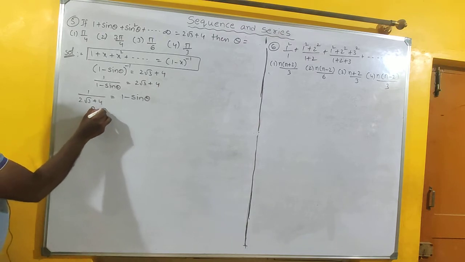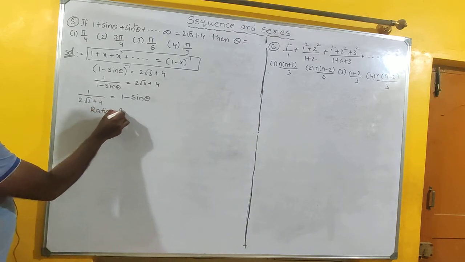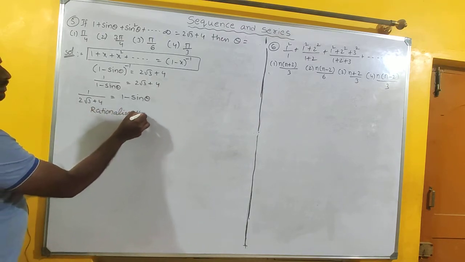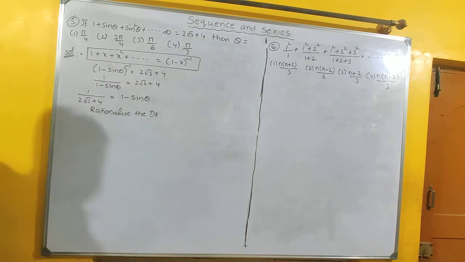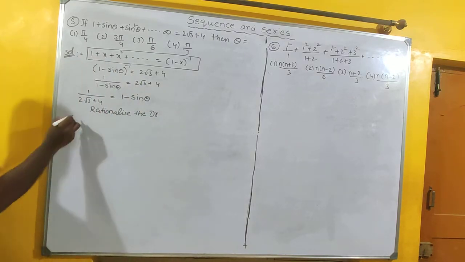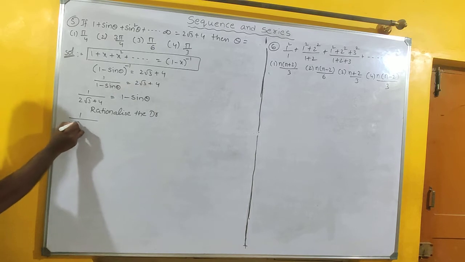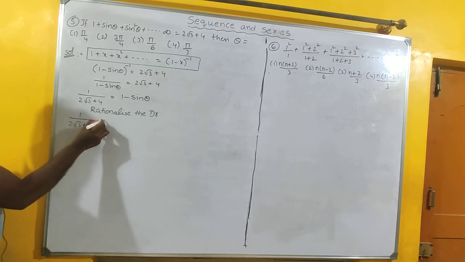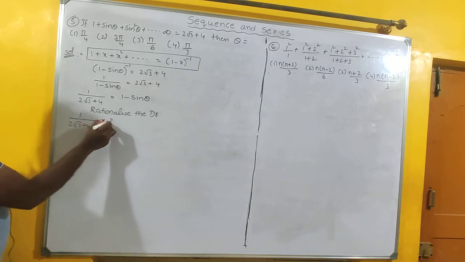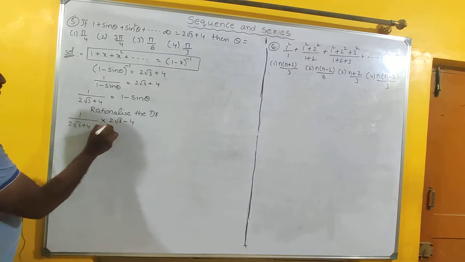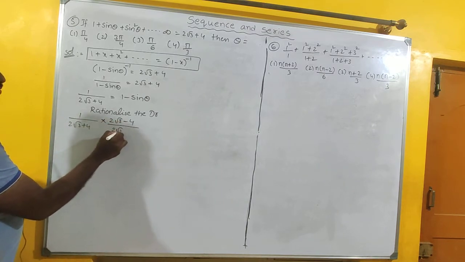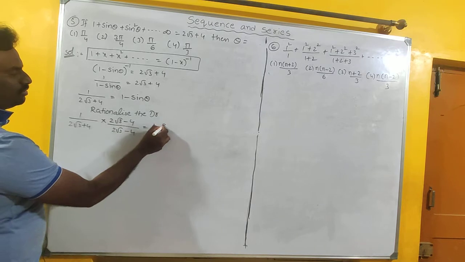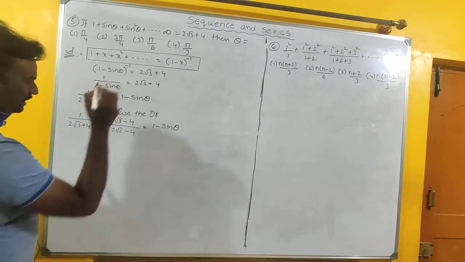Rationalize the denominator. After rationalization, what will you get? 1 by (2 root 3 plus 4) into, here the symbol is plus, so you take minus: (2 root 3 minus 4) by (2 root 3 minus 4), that equals 1 minus sin theta.